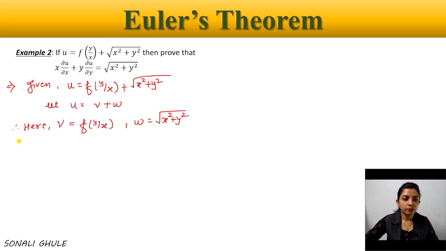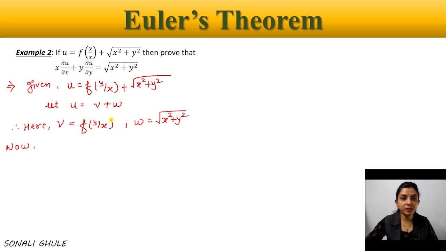Okay. So now concentrate on this function v. What is the degree of this function? See, in the numerator the degree of y is 1 and in the denominator the degree of x is 1. This is a very simple way to find a degree: numerator degree minus denominator degree.